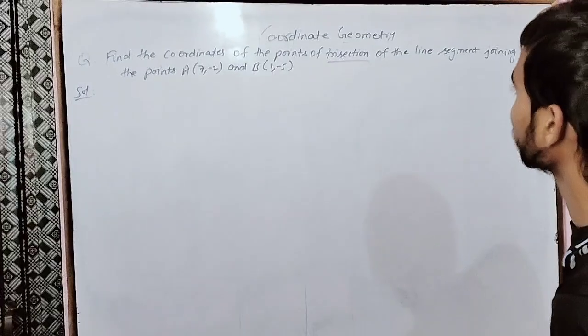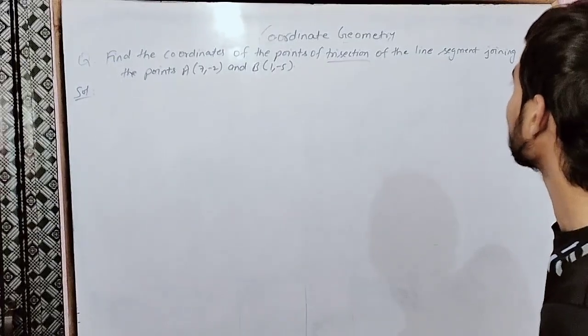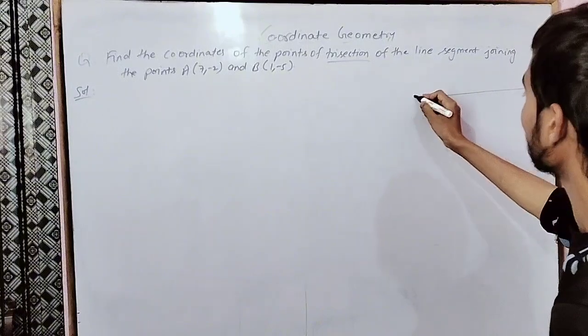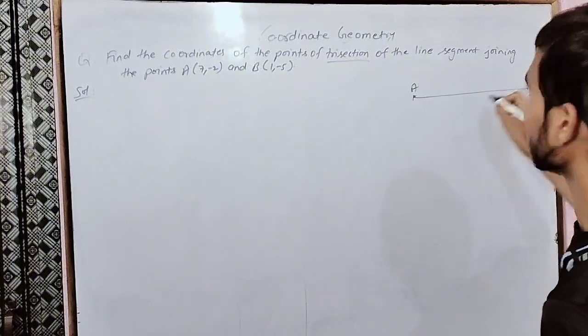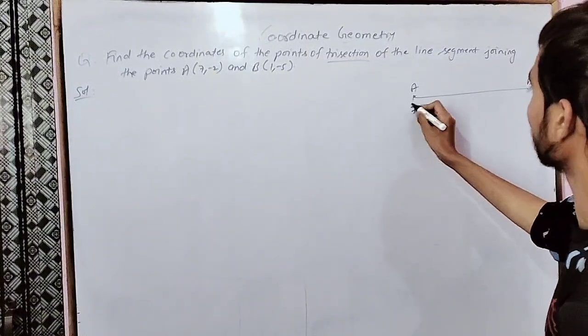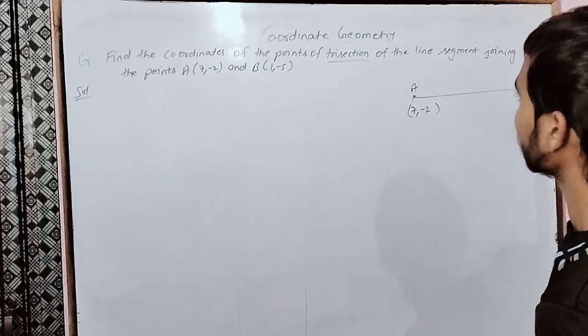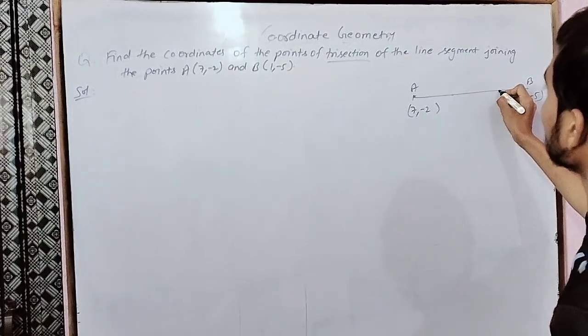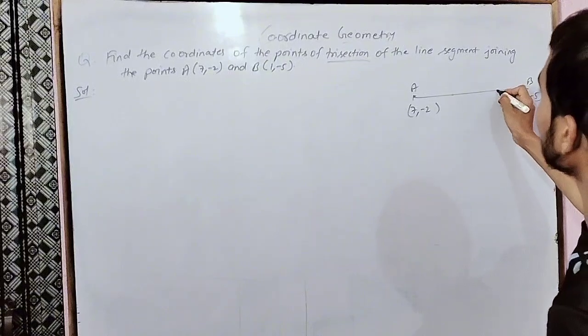Now find the coordinates. We are going to find the coordinates of the points of trisection of the line segment joining the points A and B. So we have a line. This is A, B, given already, and 1 comma minus 5. So we have 3 parts.